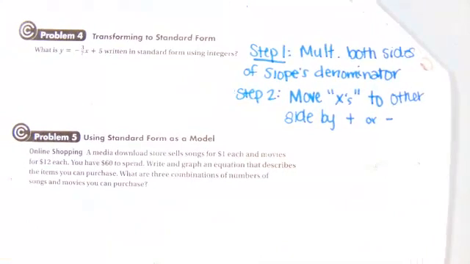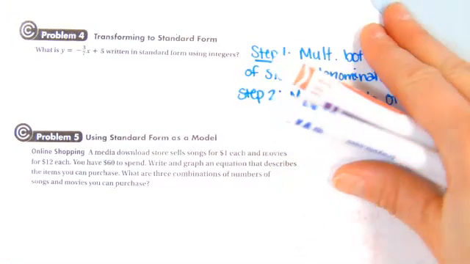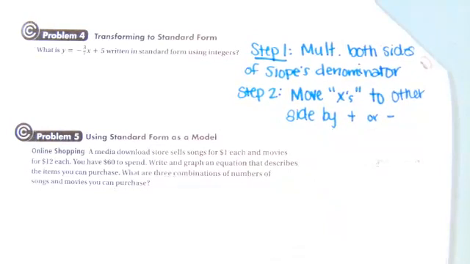All right, so I'm going to give you a second to write this in. Where this gets a little challenging is when we have something written in y equals format or slope-intercept form, and we have a fraction, and they ask us to write this in standard form.